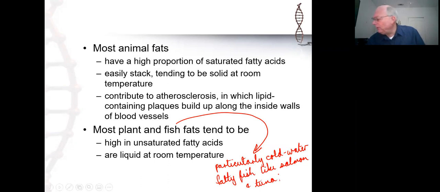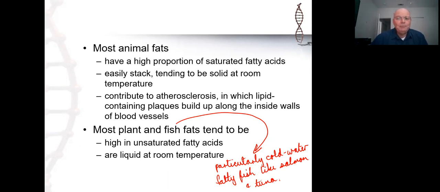And the reason why they have these unsaturated fats is because those unsaturated fats act as antifreeze and stop the blood of the fish from freezing in really cold water. And it turns out that those fats, when we consume them, are heart protective. They actually protect us against heart disease and stroke. They are very, very useful under those circumstances.